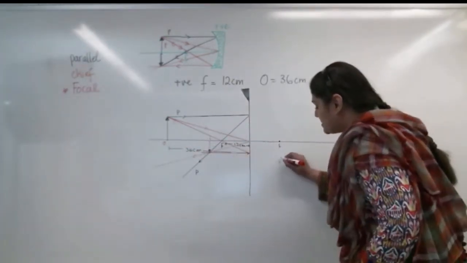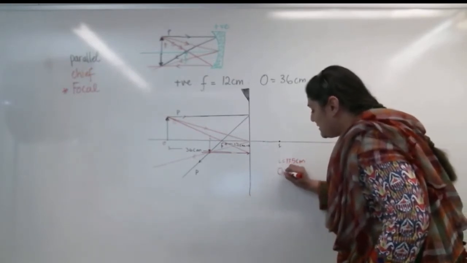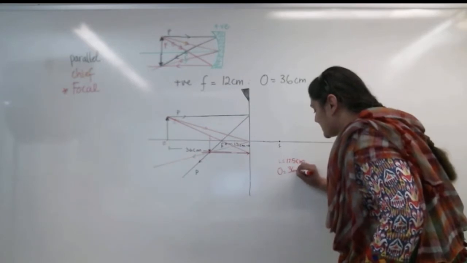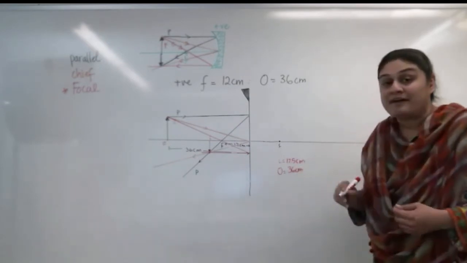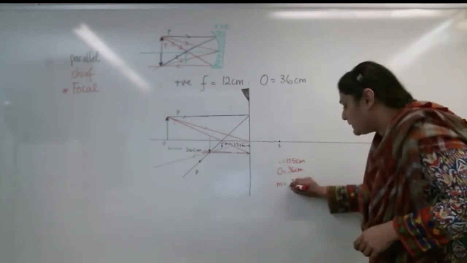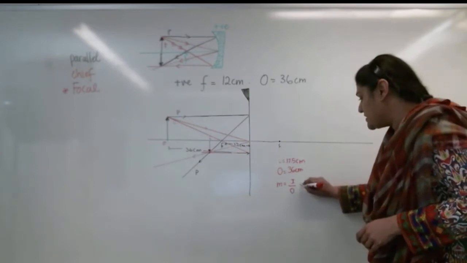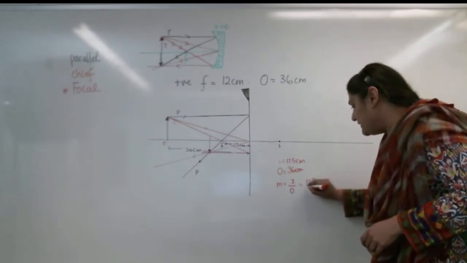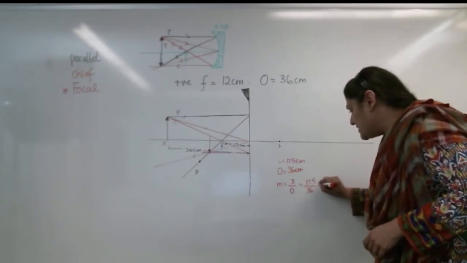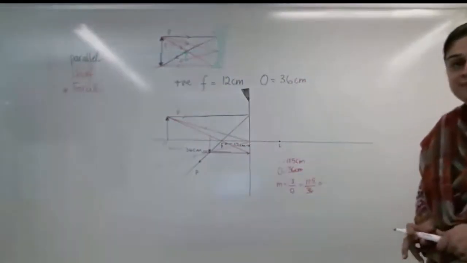So my image is at 17.5 centimeters, and my object was at 36 centimeters. Now how do I find magnification? Magnification was equals to I over O, which is 17.5 divided by 36. And obviously I can see that it's smaller than this one, right?